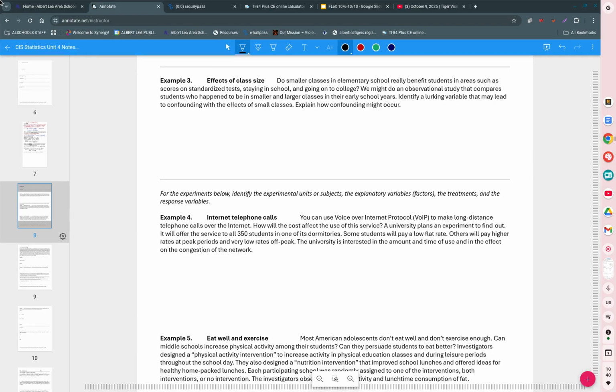Do you guys think that smaller class sizes help you learn better? You guys appreciate a smaller class size as opposed to a bigger class size, right? Yes. So suppose we were to examine some schools, and we saw that some schools had an average class size of 20, and other schools had an average class size of 30.